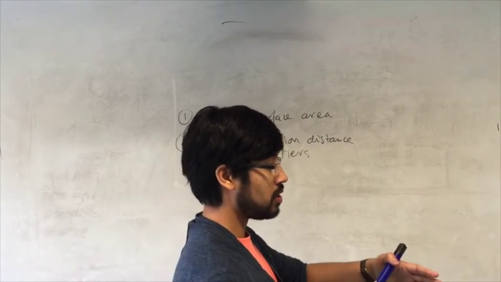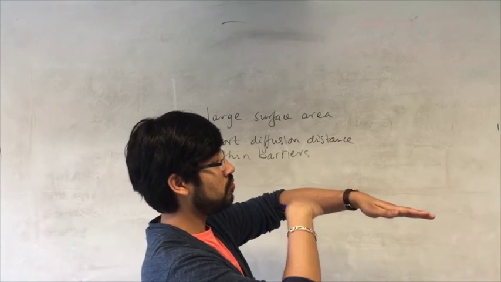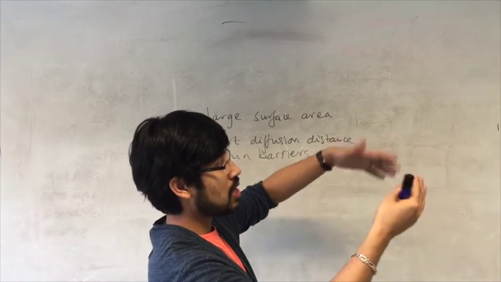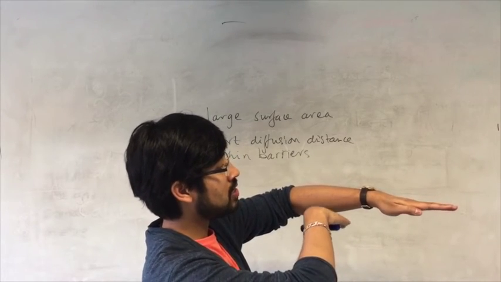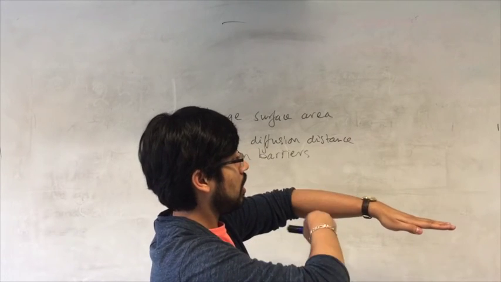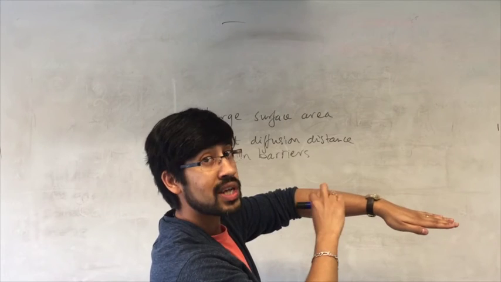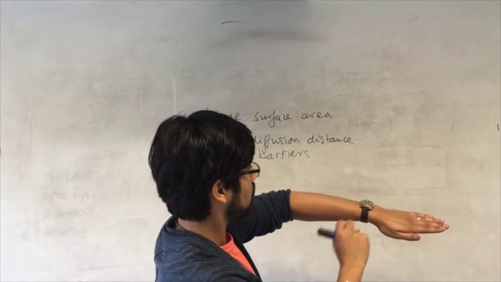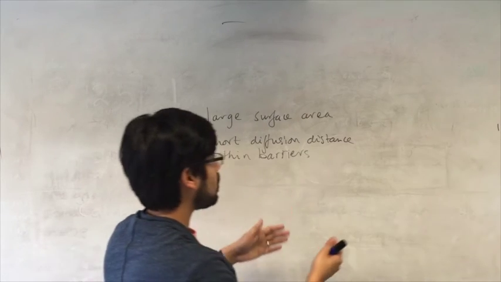Yeah, for example, a capillary. For oxygen to move from the oxygenated blood out of the capillary and into the tissue fluid, it needs to cross the barrier. Now, in that case, the barrier is a whole cell. It's the cells of the capillary. So a barrier can be a cell.